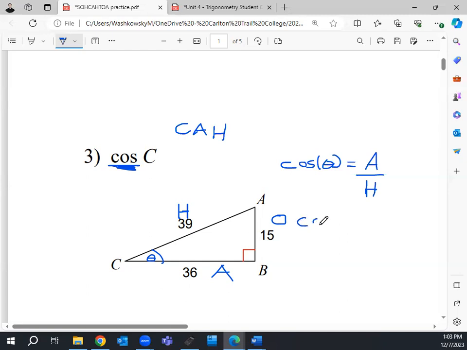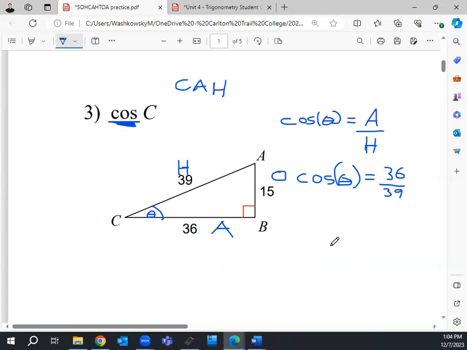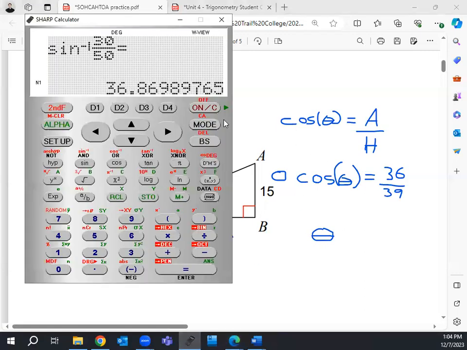Now step 4 is I just need to substitute. So what goes in place of my A? 36. And I know that the 39 was my hypotenuse. And so again, just like before, I care about what the angle is, not what the cosine is. So I need to divide by cosine, but just like before, it's going to break your calculator if you do that.